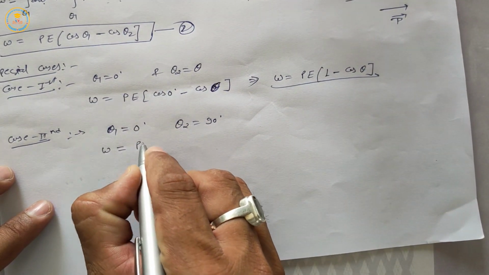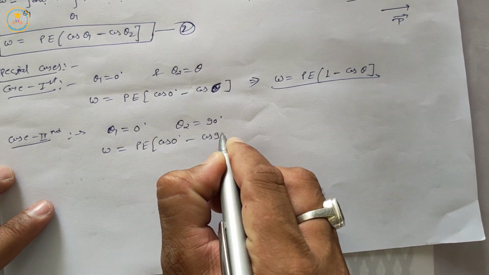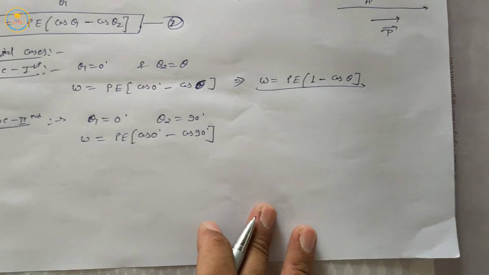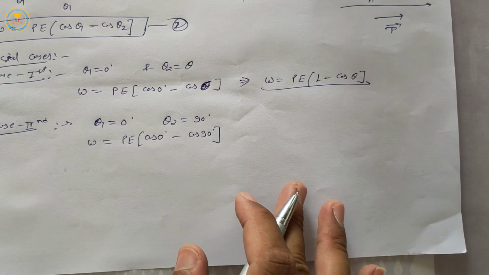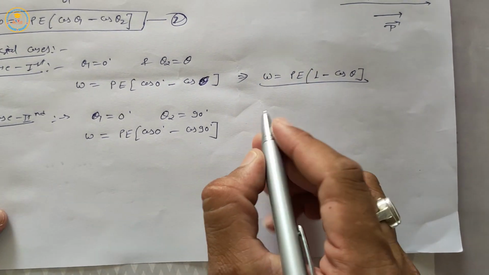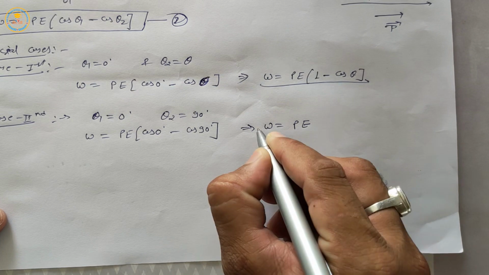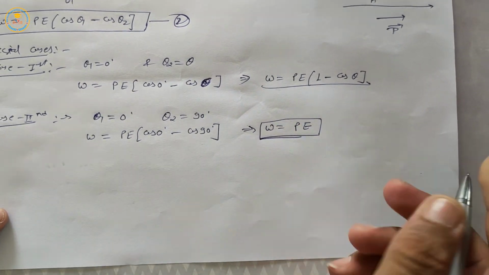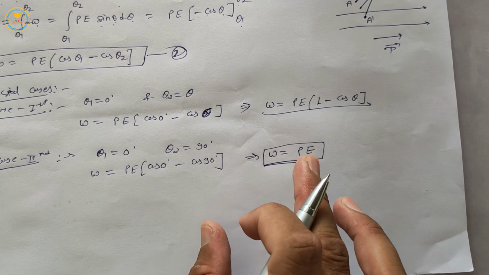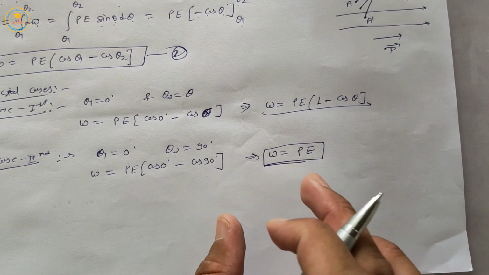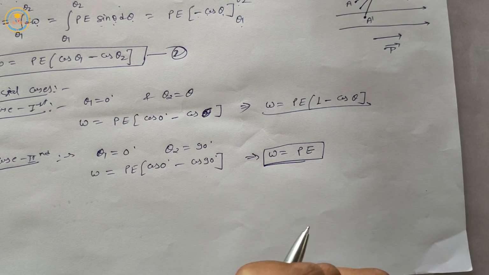W is equal to PE (cos 0 minus cos 90). We know that the value of cos 0 is equal to 1 and the value of cos 90 is equal to 0. So we get W is equal to PE. This is the work done in rotating the electric dipole from a stable equilibrium state to perpendicular position.